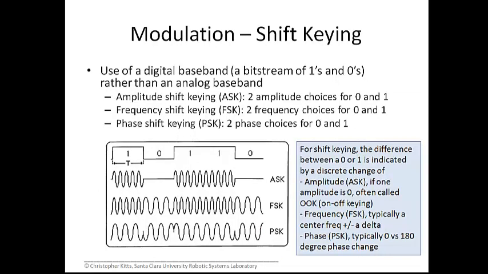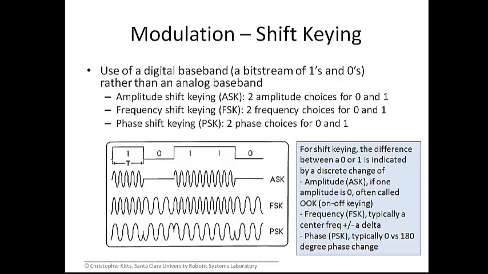For digital communications, which is more what we talk about for satellite operations in the context of this class, our baseband signal is a digital waveform. So it's high and low levels. It's ones and zeros as opposed to a continuously varying wave like we saw in the previous slide. So when we do digital modulation and we have a digital baseband, the way we shift the amplitude, frequency, or phase of the carrier wave is done in a discrete manner.